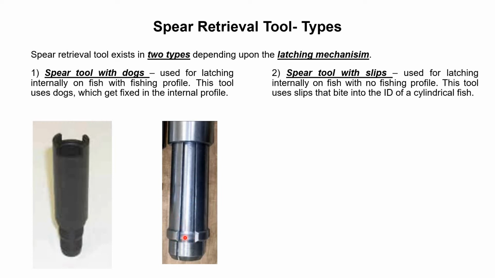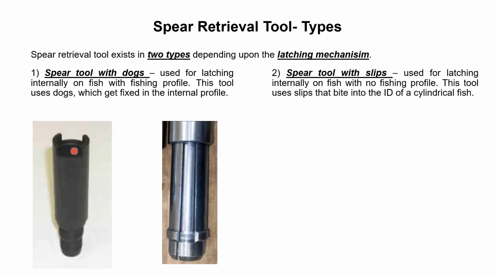We can see that this collar, this part, is basically known as dogs. And here it also has a collar-like profile. So this particular part will go inside and will fix here. When we run this fishing tool, it will be compressed, and when it goes inside it will retract and will latch or fix on this particular profile.